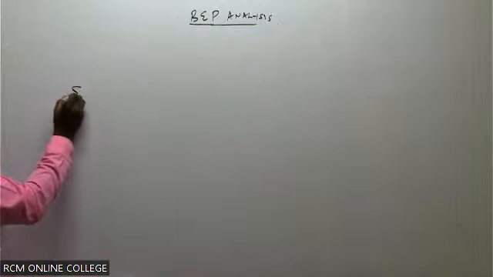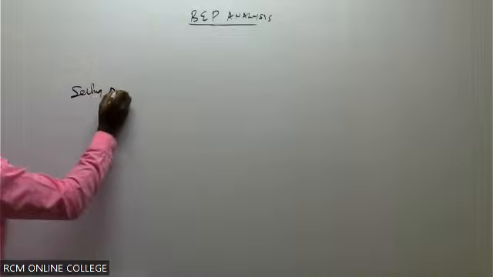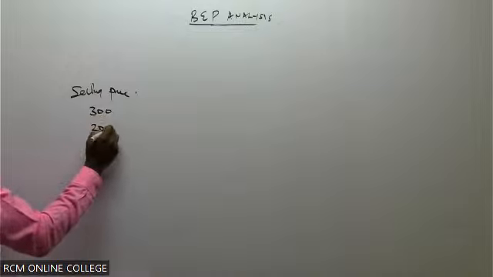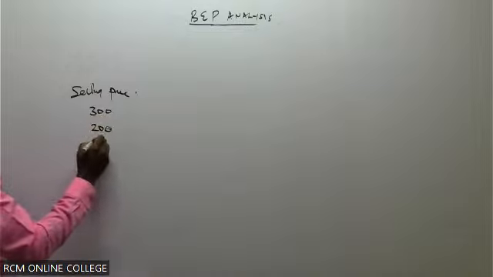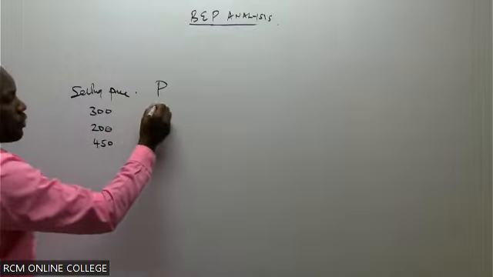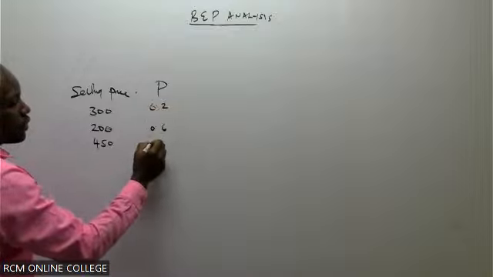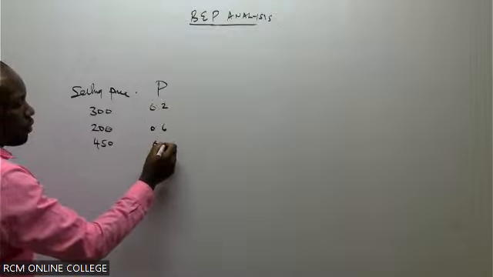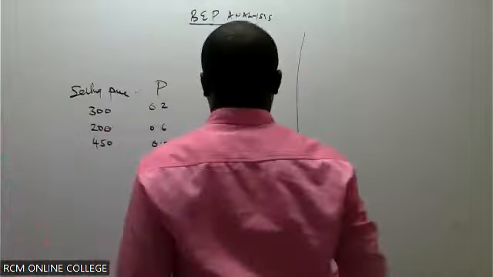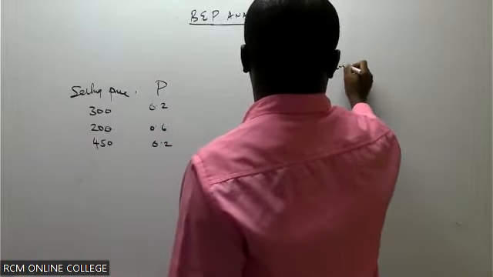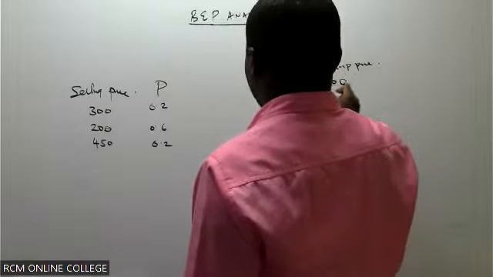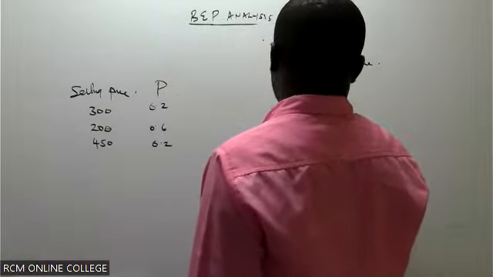I've been given selling price. So I have 300, I have 200, then I have 450. Here, the probability that I've been given here, I have 0.2, 0.6, 0.2. Then another one in another place here, I've been given selling price. That is 300 still, 200, 450.